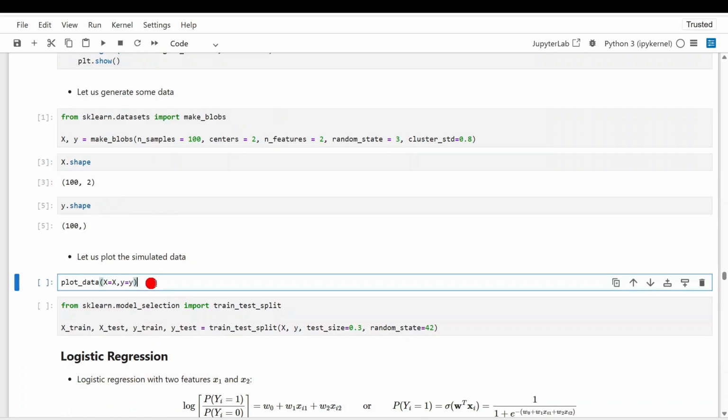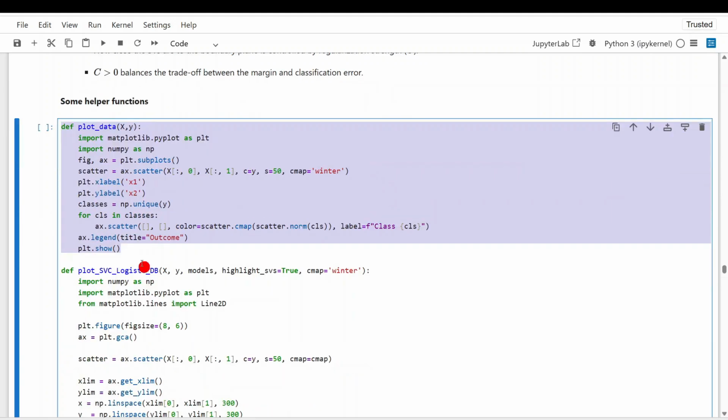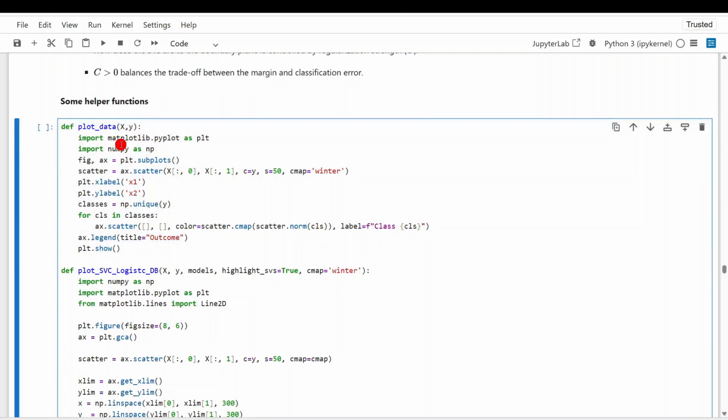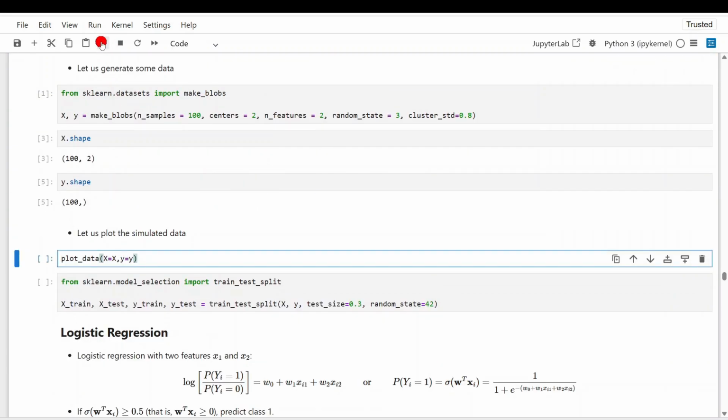Now let's plot this data using the function plot_data. This is the function that I wrote for making a plot. I have to run it first. So let me plot it.